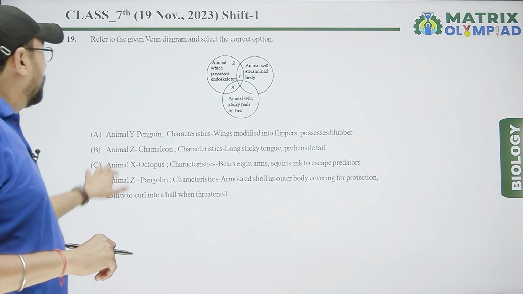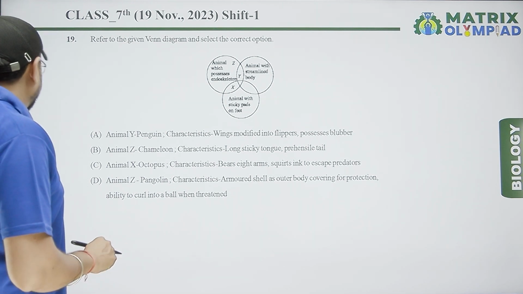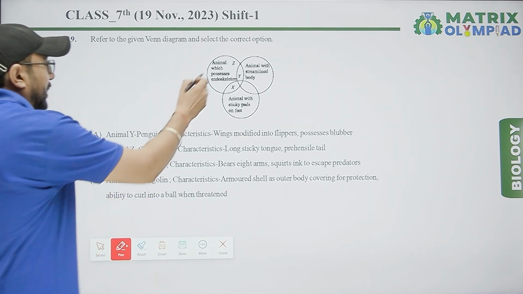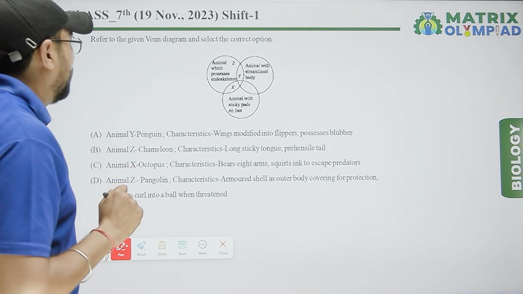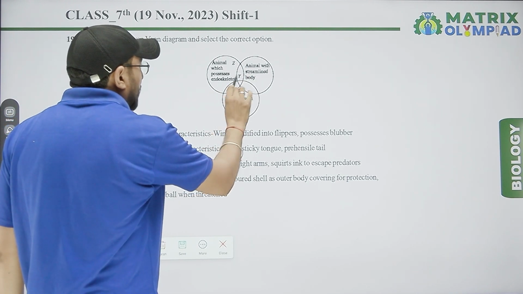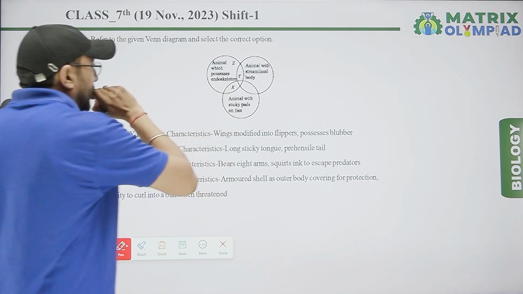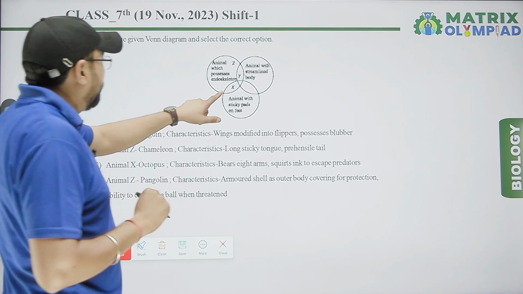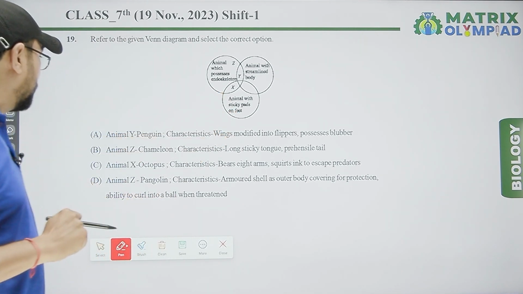Next one. Refer to the given Venn diagram and select the correct option. Animal Z possesses an endoskeleton, and animal with a streamlined body, that is Y, is present for both. Next, X, animal with sticky pad on feet.